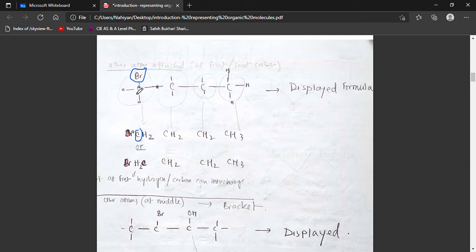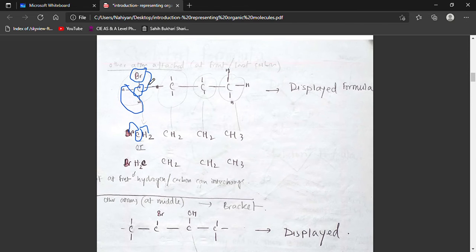This carbon is bonded to a bromine, as well as two hydrogens. So you can write it like that, that a carbon is bonded to bromine and a hydrogen.